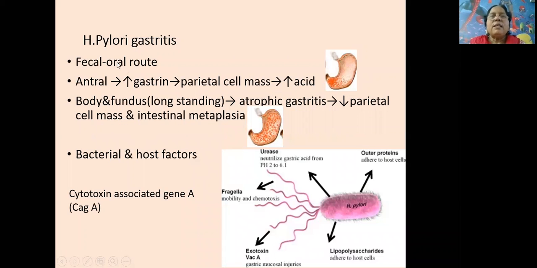So what is H. pylori gastritis? All of you know about the structure of H. pylori, so I'm not going into the detail. It gets into the stomach by the fecal-oral route, so lower socioeconomic group and many other things are said.